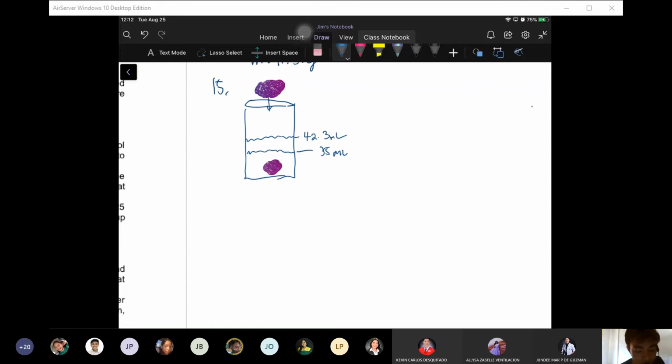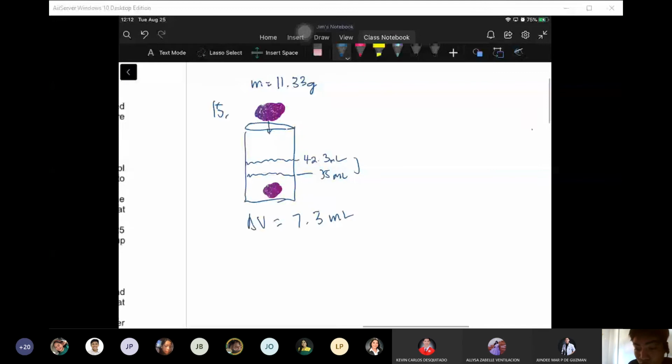As I told you earlier, the change in volume corresponds to the actual volume of the solid you placed in your container. So we're just going to get the difference of the two volumes. That's delta V, delta meaning change. The change in volume is 7.3 ml, and this corresponds to the volume of your solid.